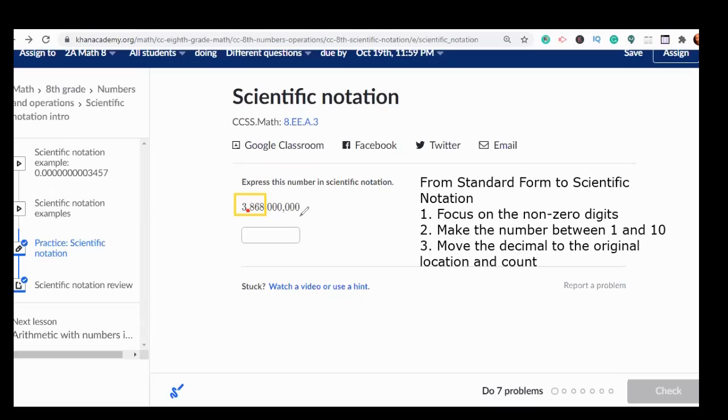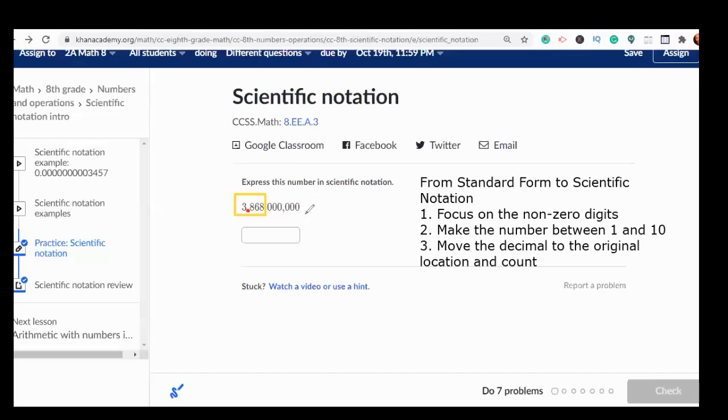That turns the 3,868 into 3.868, and clearly 3 point anything is between 1 and 10. So we're ready to move on to the third and final step, which is to move the decimal to the original location but count.